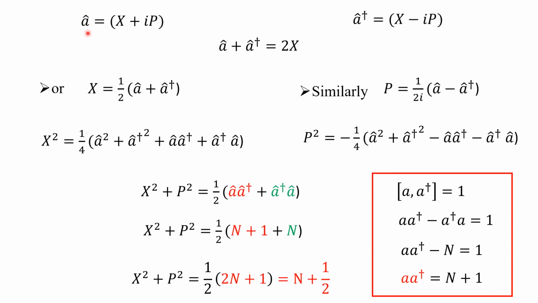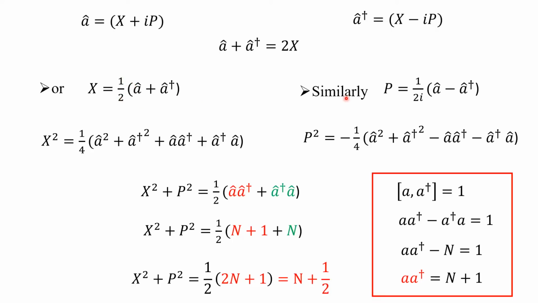We have seen that the annihilation operator A is equal to capital X plus iP. Similarly, the creation operator A dagger is equal to capital X minus i capital P. Now, if you add these two, that is A plus A dagger, this P will get cancelled and you will get 2X, or X is equal to 1 over 2 times A plus A dagger.